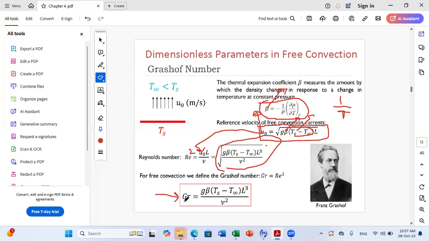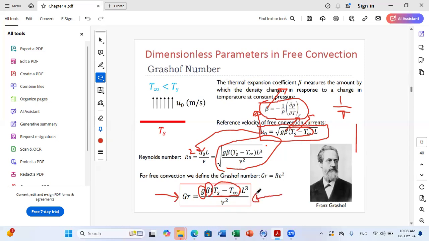As you can see, Grashof depends on the gravitational value g, the thermal expansion coefficient beta, the value of delta T, and the characteristic length. For example, for a vertical wall, the characteristic length is the height, over the kinematic viscosity squared. So this is the Grashof. You don't have to memorize these expressions. I will give them to you.